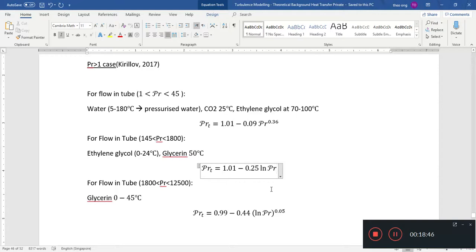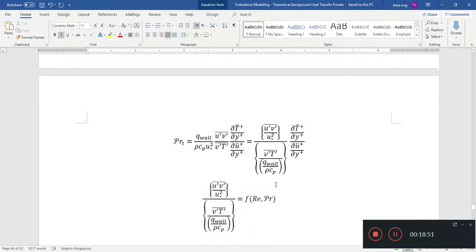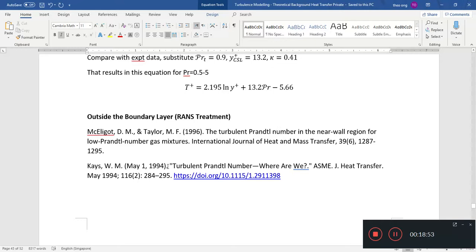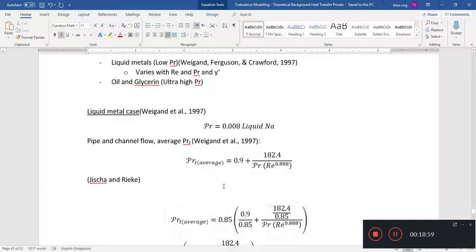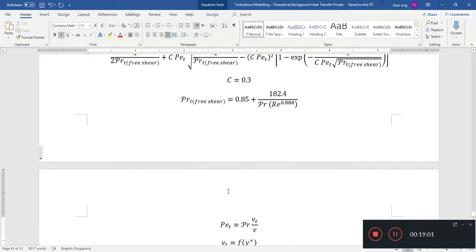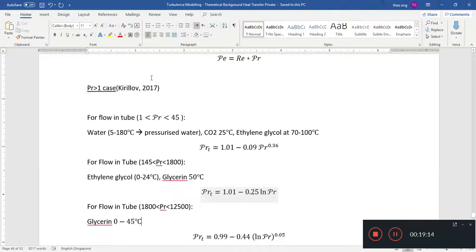So if you want to check where I am getting the numbers from, it is from Kirillov's paper. Here's the table of Prandtl number versus turbulent Prandtl number. Okay, so this is from Kirillov.